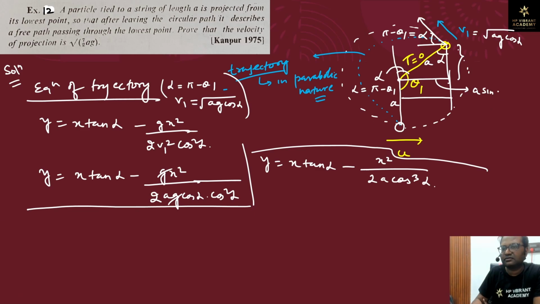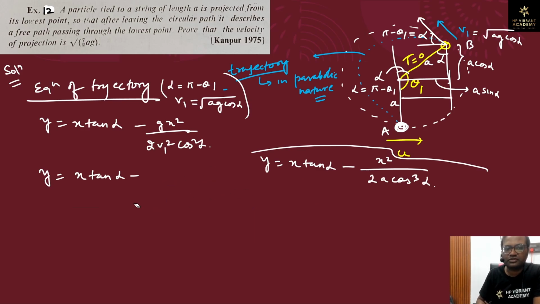What we need to find is the coordinate of this point A with respect to this point B. Okay, so I will draw this again.